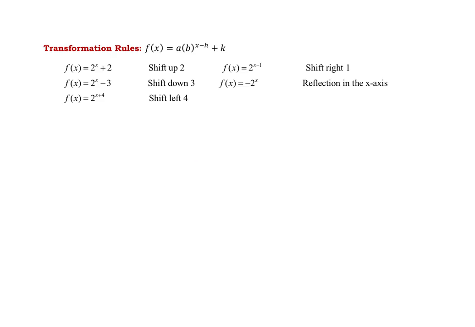Okay, we're back at the transformations. My shift up and my shift down is coming from the k value. Notice that I have +2 and -3. So we got to keep that in mind. Now, when I shift left and shift right, notice that it's up here in the exponent, and that's my left and right.